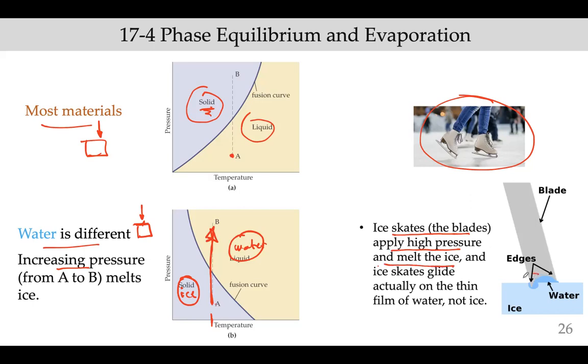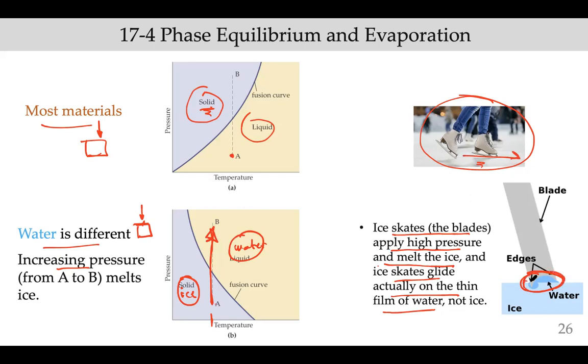So they momentarily melt the ice. Momentarily you have some water, a film of water. It's thin, but it's enough for you to slide. So ice skates glide actually on the thin film of water, not ice. When you see someone gliding with ice skates, they're actually not touching the ice, they're touching the water here.